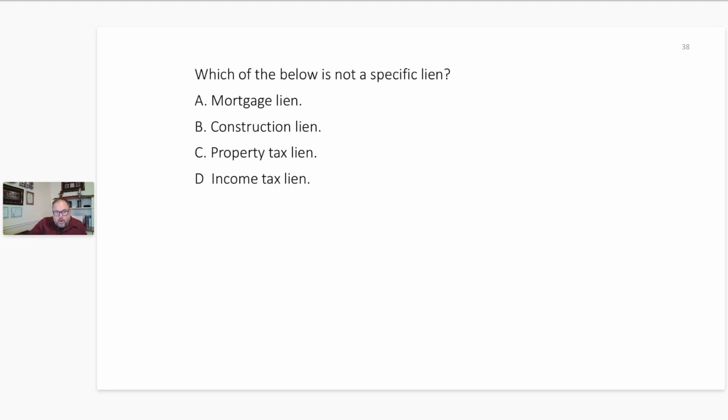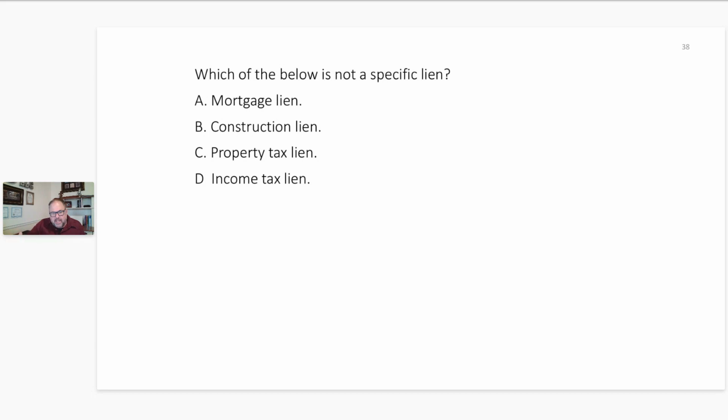So a mortgage is only going to one property, specific. A construction lien or a mechanics lien, again, the work was done on one property. Put a swimming pool in, put a roof on, whatever. It's one property. Property tax lien, one property, specific.